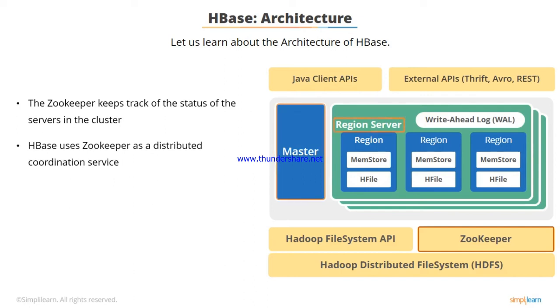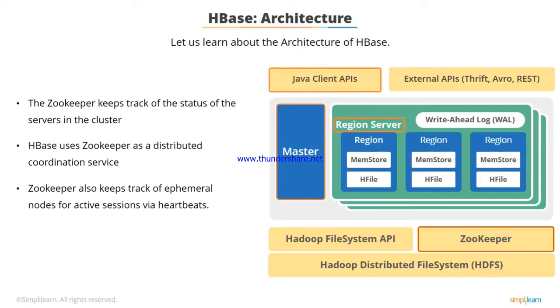Region servers and the active HMaster connect with Zookeeper through a session. Zookeeper also keeps track of ephemeral nodes for active sessions via heartbeats. Java client APIs, as well as external APIs, can connect to HBase and access its data. External APIs connect to HBase through interfaces such as Thrift, Avro, and REST.